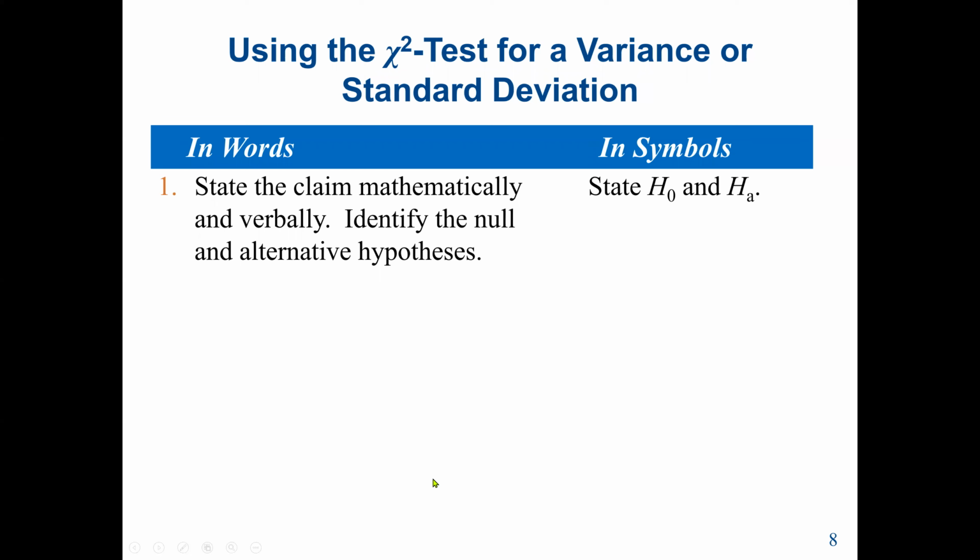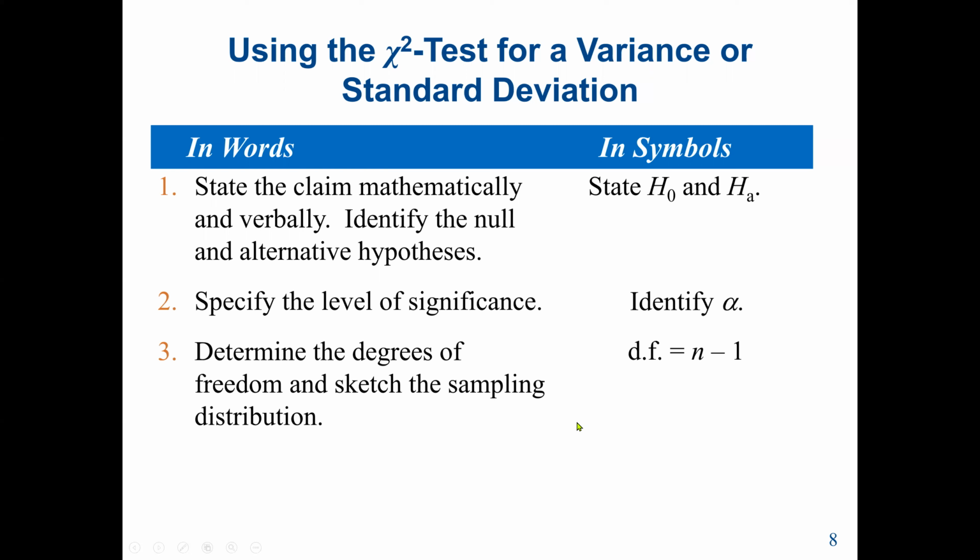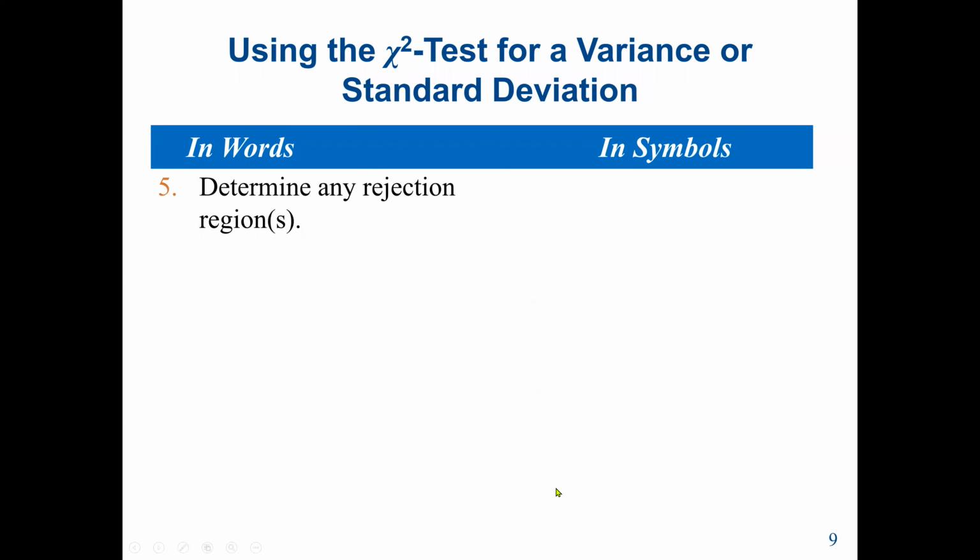So in words, we state the claim mathematically and verbally. We identify the null and alternative hypotheses, so we state H0 and HA. Then we specify the level of significance, that is, we identify alpha. Then we determine the degree of freedom and sketch the sampling distribution. Then we determine the critical values using the chi-square table, and any rejection regions.